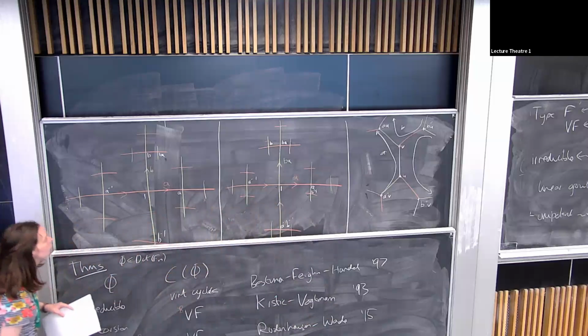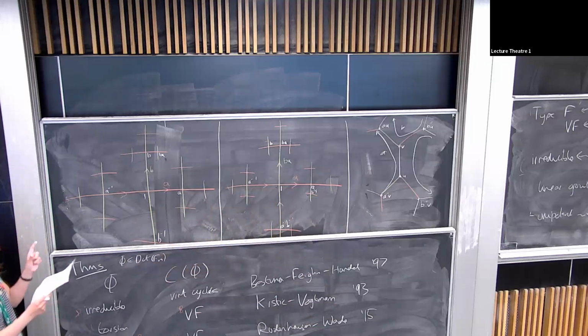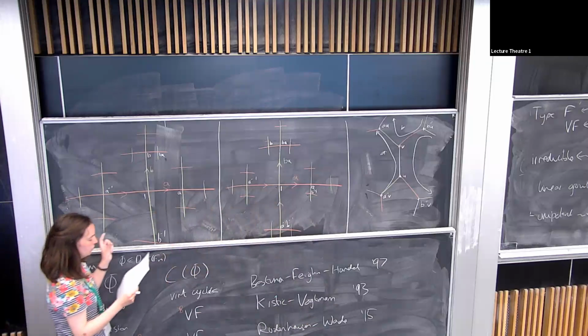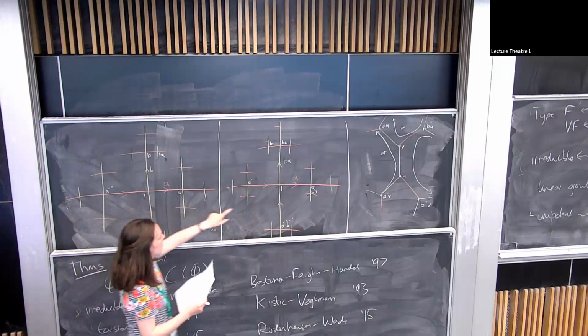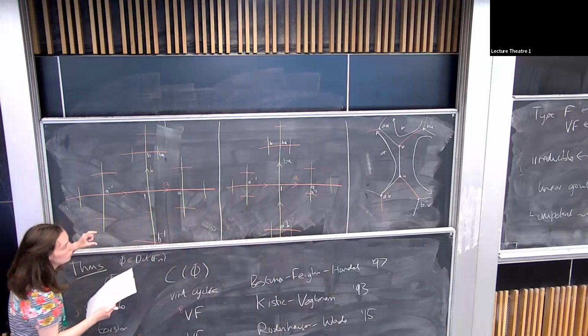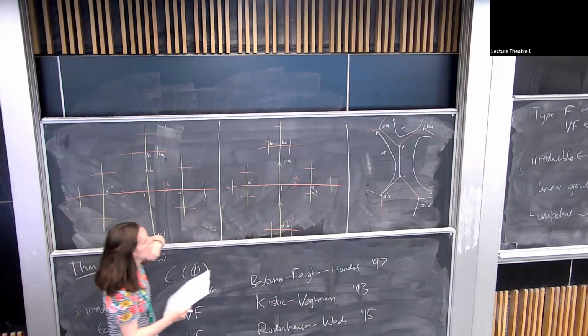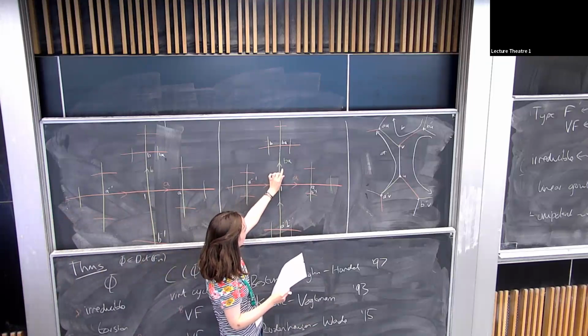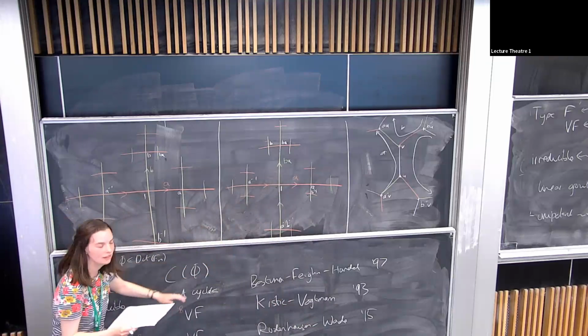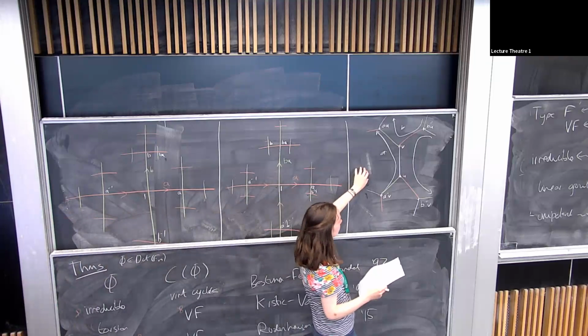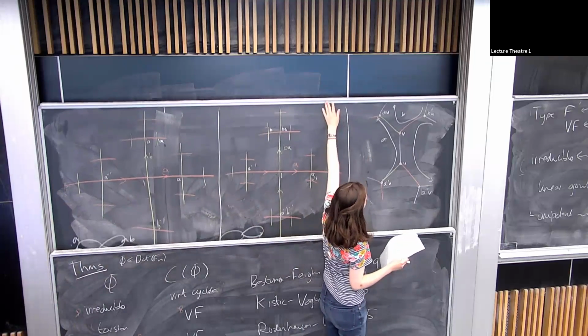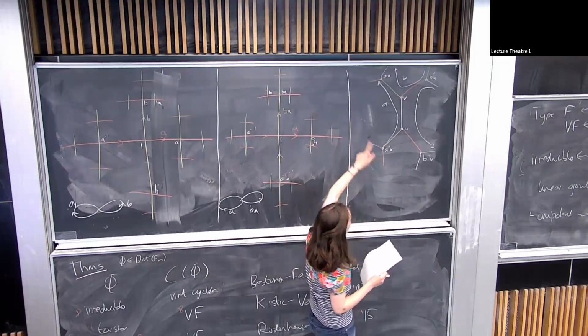And if you squint very hard, you might convince yourself that you can fold both of these trees. So in this one, I think you want to fold A against B inverse. And in this one, I think you want to fold A against BA, equivariantly. And you get both of these. Or the other way, you can collapse edges.